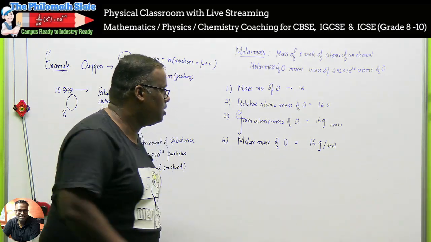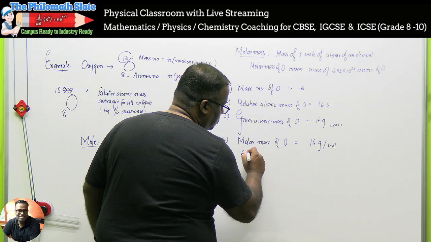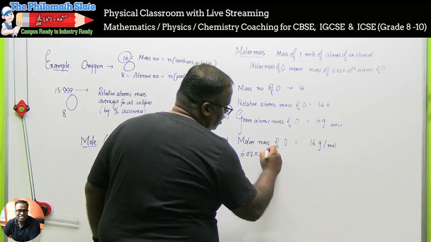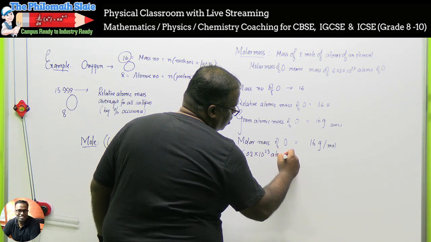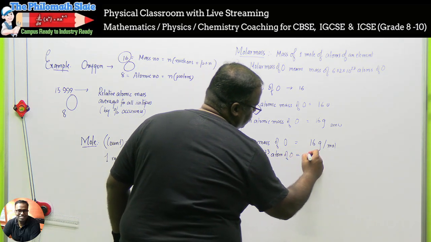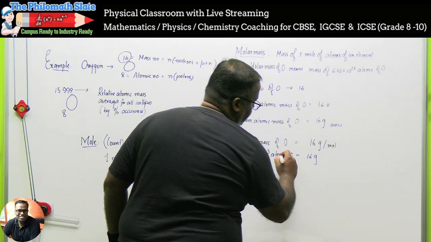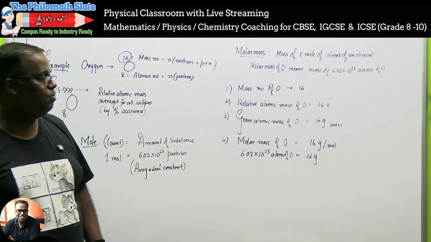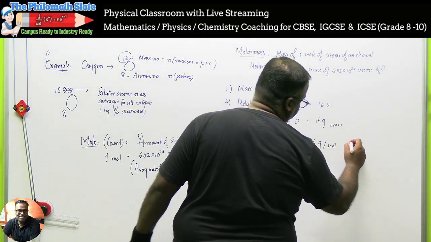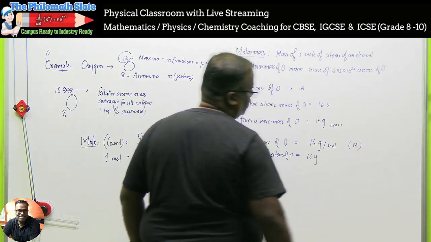Molar mass means how many atoms are there? 6.02 into 10 to the power 23 atoms of oxygen gives you 16 grams. 16 grams per mole, and we denote molar mass with M.